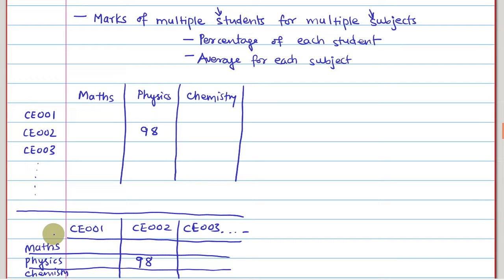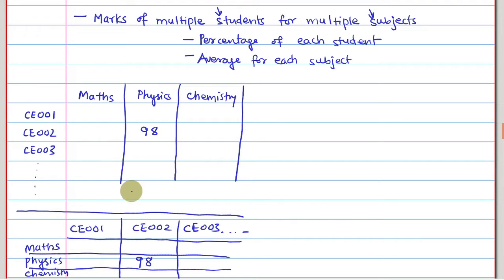Another way of representing it in a table is to have one row per subject and let each column represent a student. So here one column will represent one student, and writing 98 means roll number C002 got 98 in physics. So here the number of rows will be equal to the number of subjects and the number of columns will be equal to the number of students.